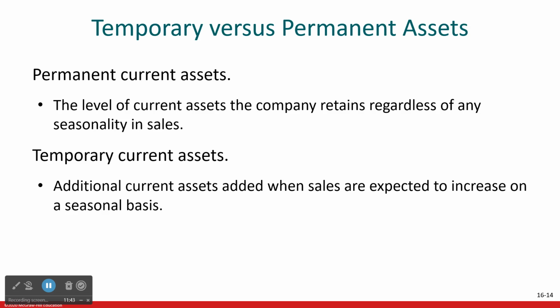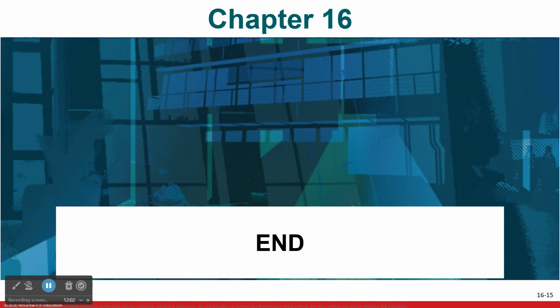Temporary is when we need to make changes. Maybe we have more cash on hand because we're going into a scenario where we need the cash, or vice versa. Maybe we have more inventory because we know we're going to be selling more in the next 2 or 3 months. And so that's what this is focusing on. This is the end of part 1 of chapter 16, and we'll pick this up in part 2.